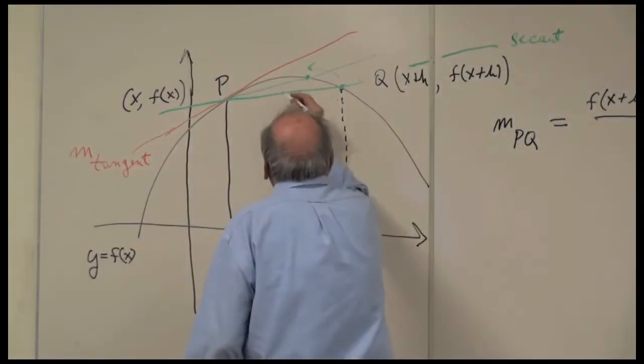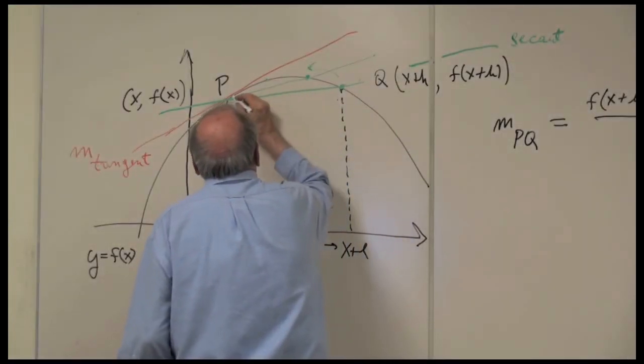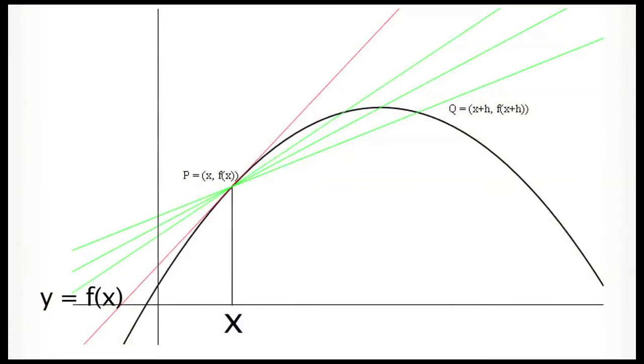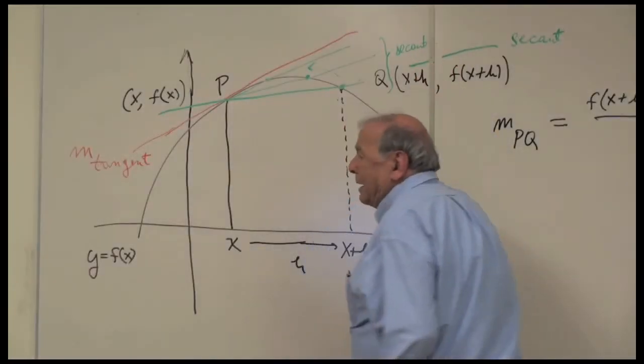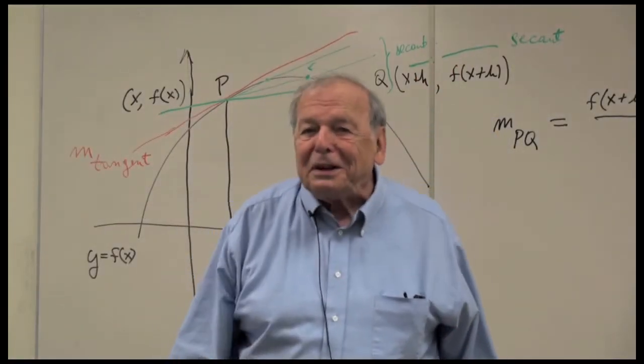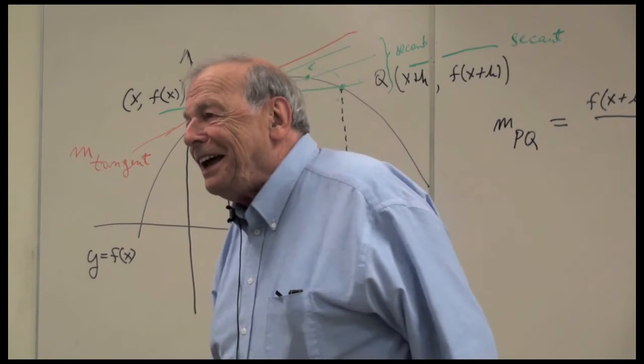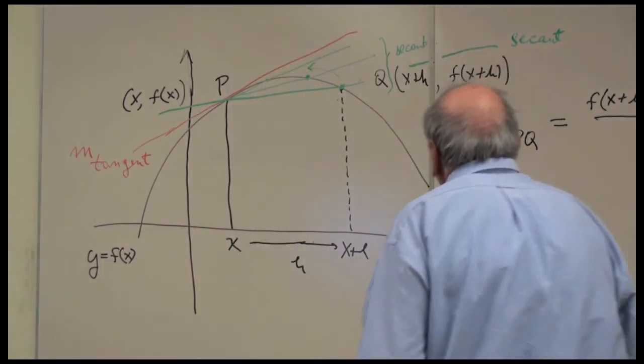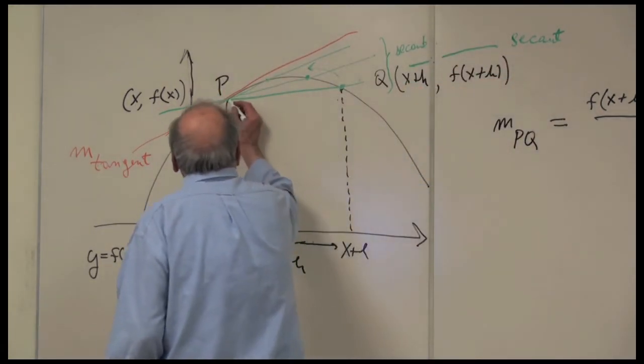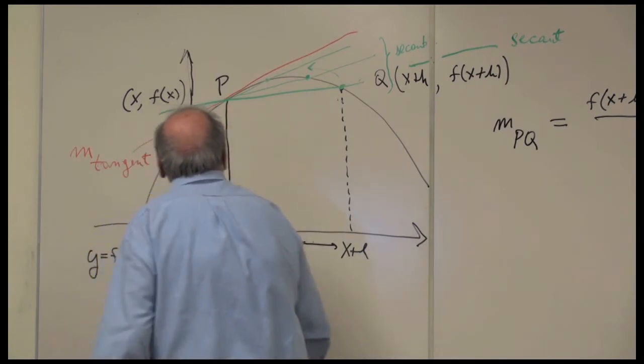And the next time I look at it, it'll be here, and it'll look like this. So here is a whole bunch of secants. In fact, mathematicians would call that a pencil of secant lines. And I probably should extend them because they go down here.